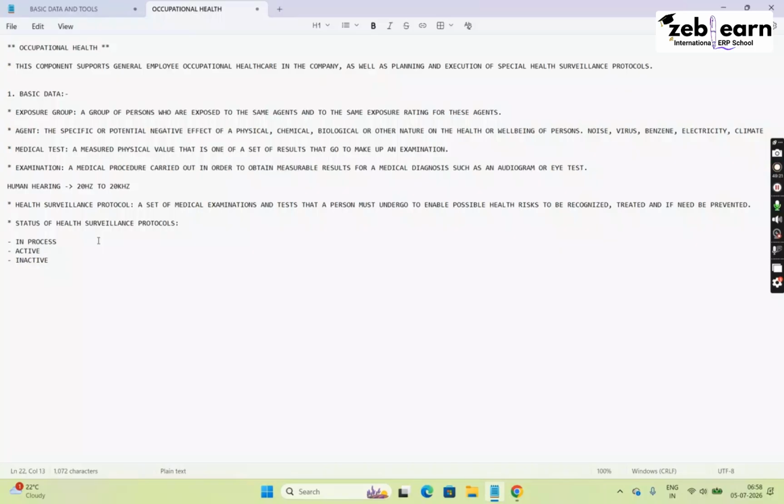How many days once they have to go, whether it's a one-time medical checkup or repetitive medical checkup. So whenever any medical checkup is still at the planning stage, the status of that medical checkup will be in process. It is not yet available to employees. Next is active. What is an active health surveillance protocol?